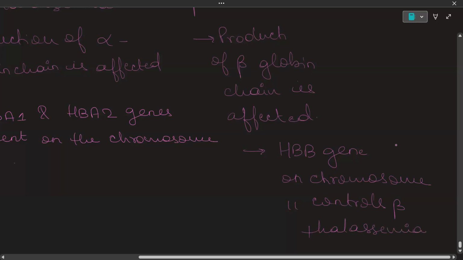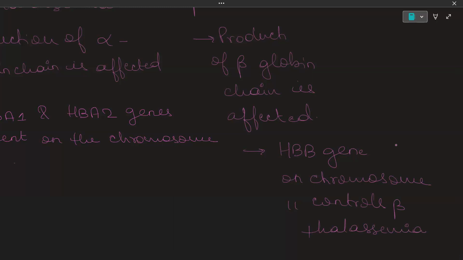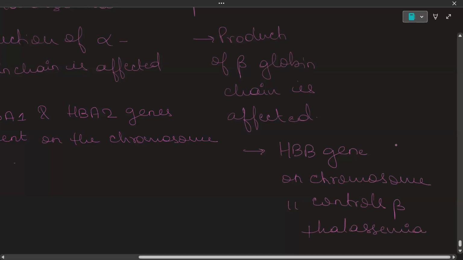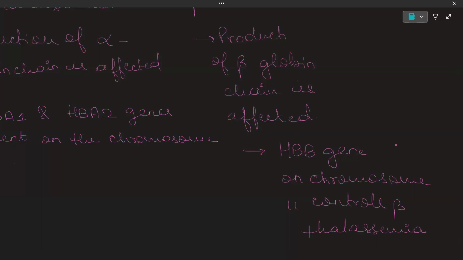So this is alpha and beta. Now, they can also ask you, in both cases, whether it is sickle cell anemia or thalassemia, it is about RBC only, right?